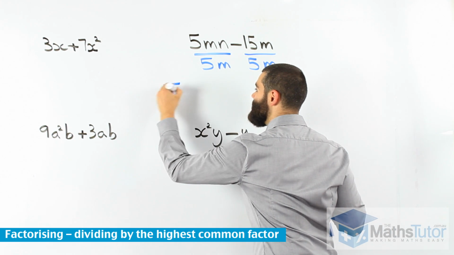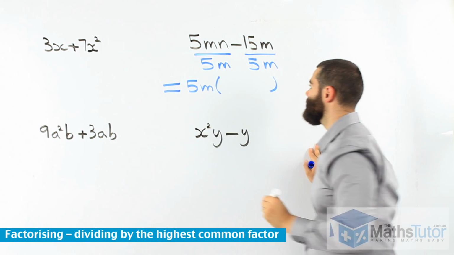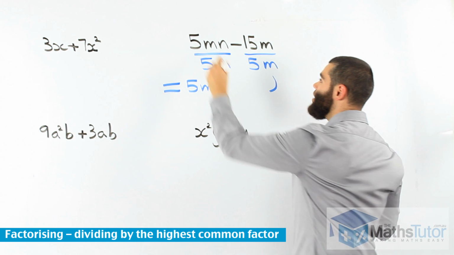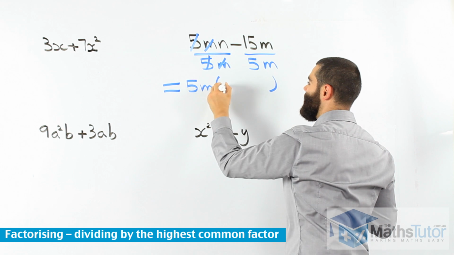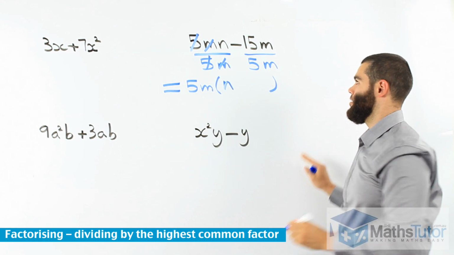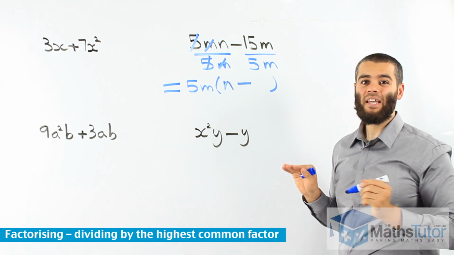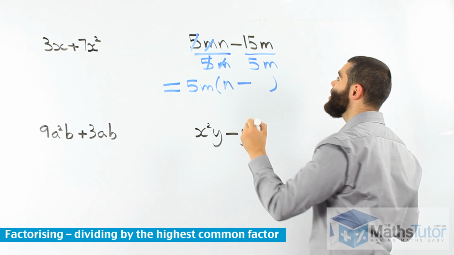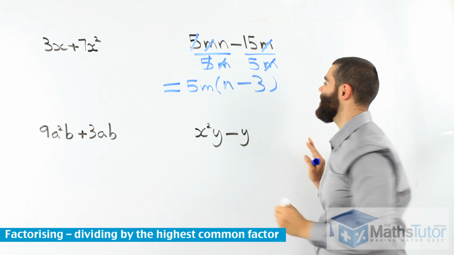So we have 5m, open bracket, 5 divided by 5, m divided by m, and we're left with n, minus 15 divided by 5, negative 15 divided by 5 is negative 3, and the m's cancel out as well.